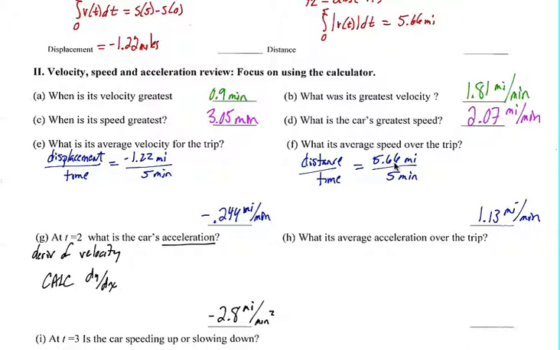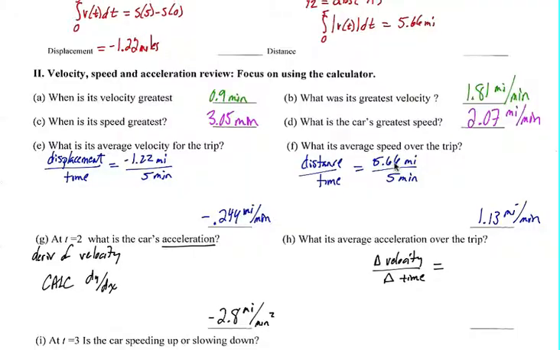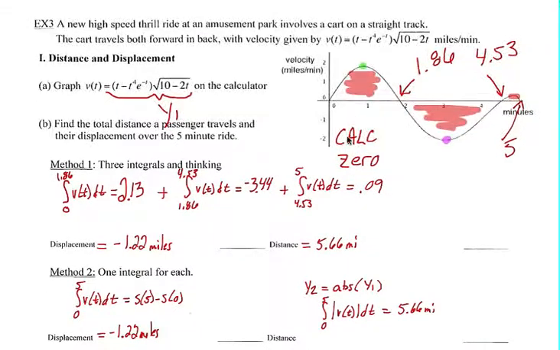Average acceleration. Well, the average acceleration, we can define that as the change in velocity over the change in time. So the change in velocity, if you look at the graph, I'll pull it back up here at the top, the velocity at the end was 0.